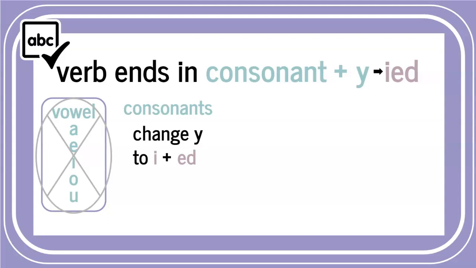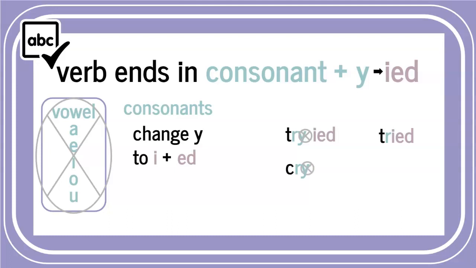So let's look at some examples. Try. R is a consonant and the last letter is Y. So we change the Y to an I and add ED. The verb becomes tried in the past tense. Notice there is no letter Y. Cry.